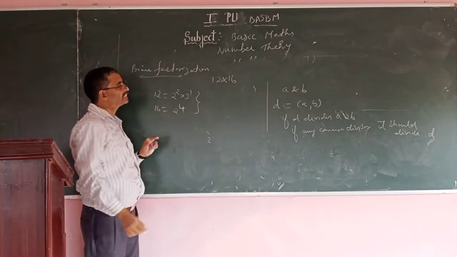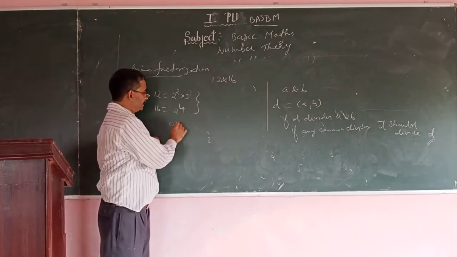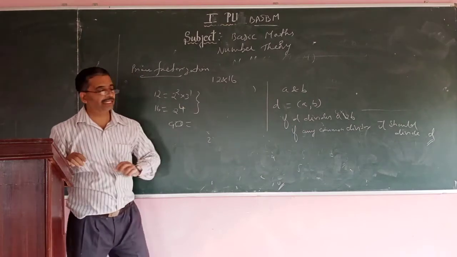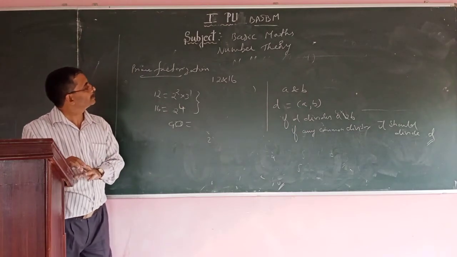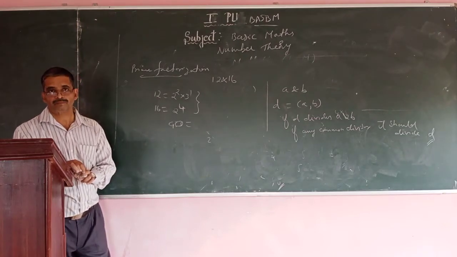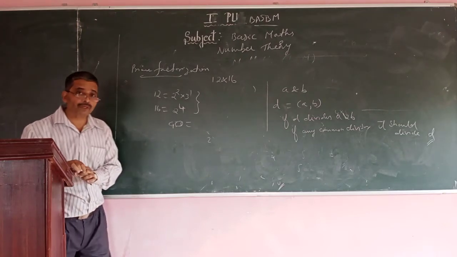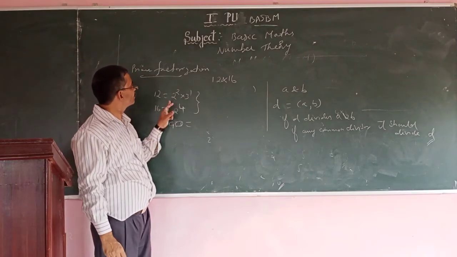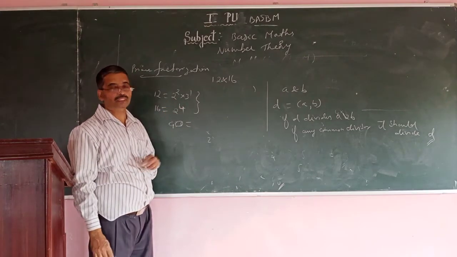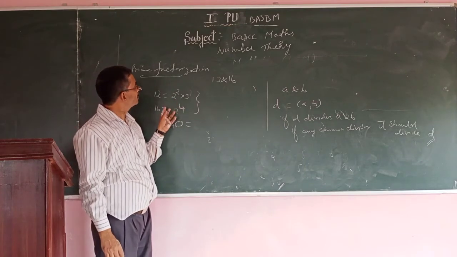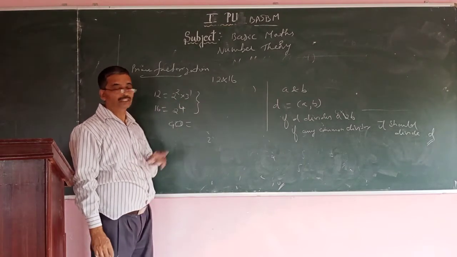So what is the GCD? Here in this method, GCD is got by taking the product of the least powers of the common factors.